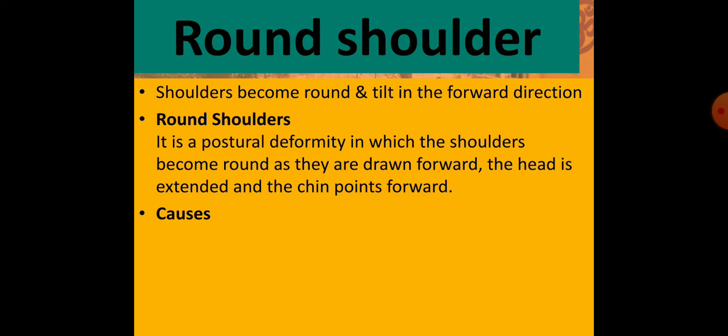These two problems are quite similar, but there is a little difference. In round shoulder the shoulders are only bending forward. I will clear up the difference when we discuss kyphosis. So round shoulders are when the shoulders come forward and bend down, and we will discuss the causes here.